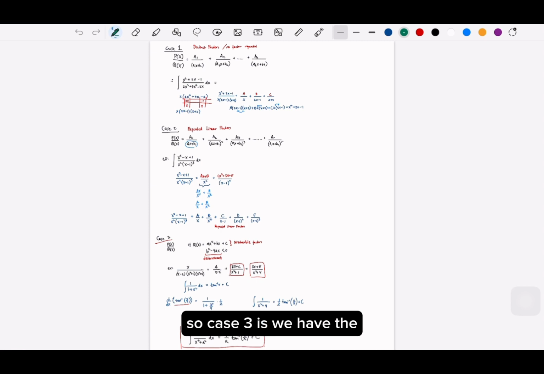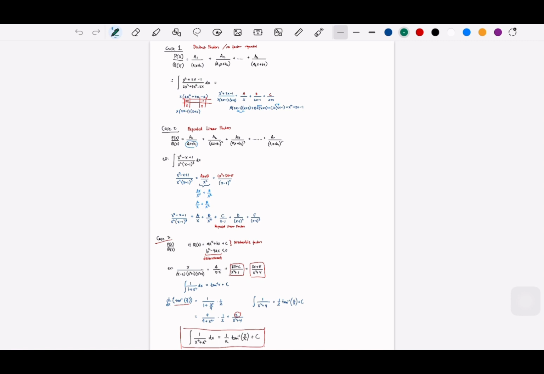So case 3 is when we have an irreducible factor. So what is an irreducible factor?